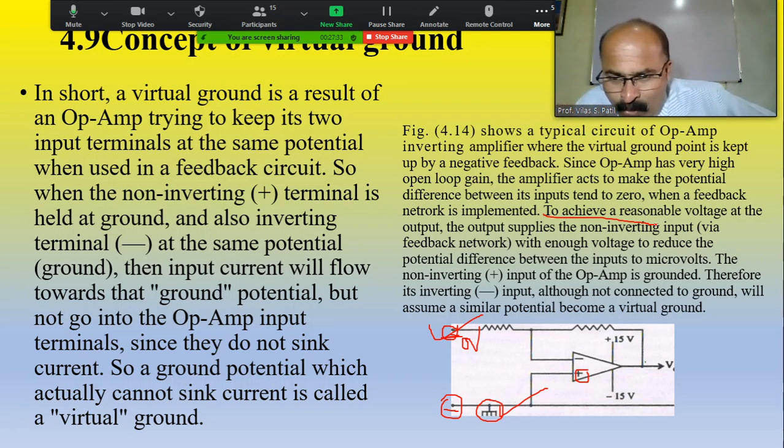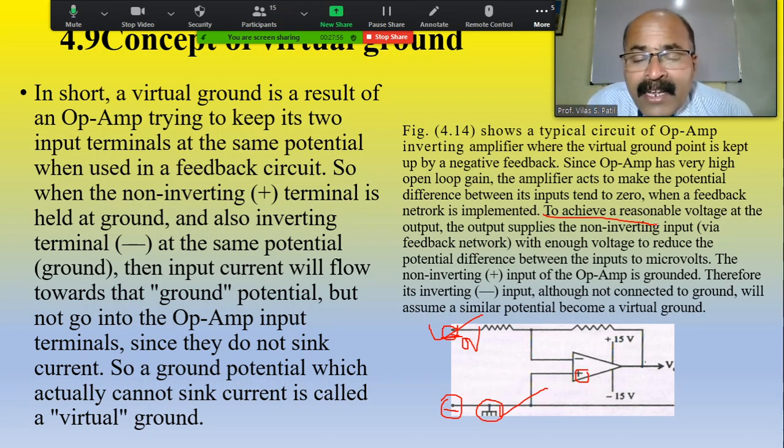Feedback is given, see, the output is connected to the input, with enough voltage to reduce the potential difference between the inputs to microvolts. Here the potential difference across the inputs should be microvolts, that is, very less.